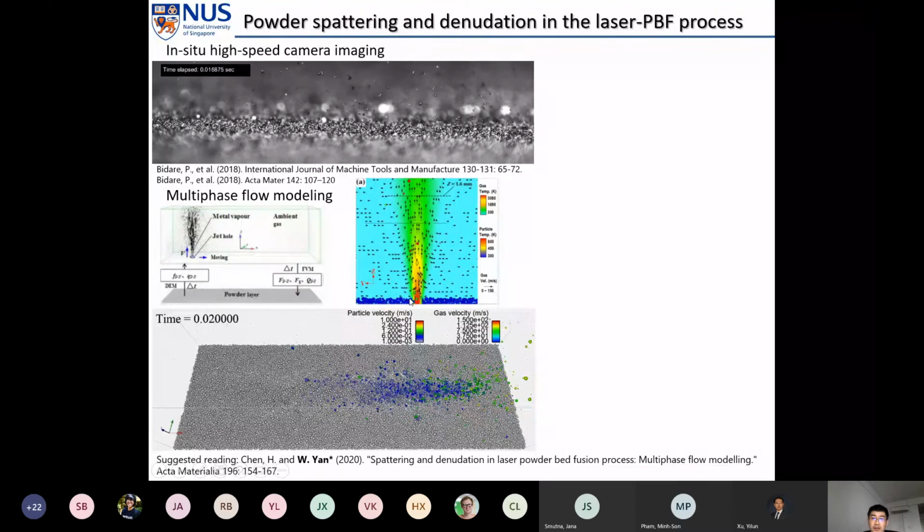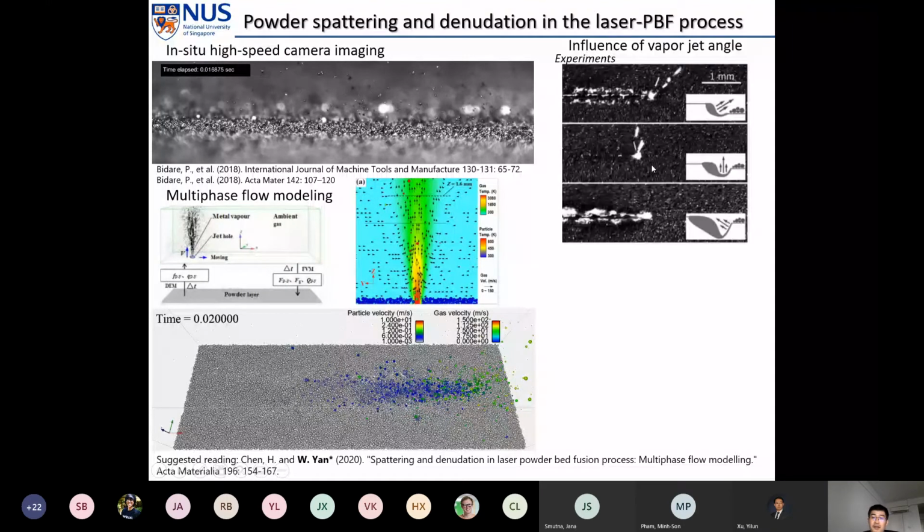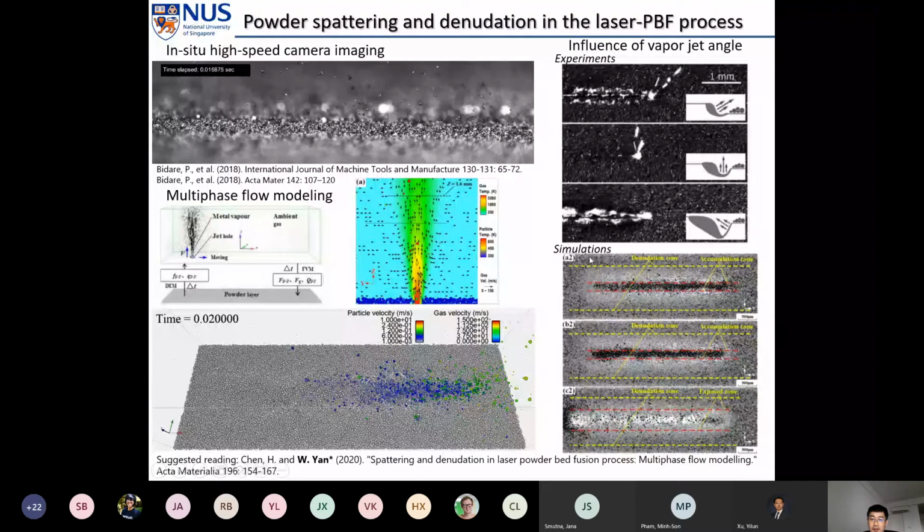So this is denudation. With different sets of laser power and scan speed, the vapor jet angle is different: forward, vertically upward, and backward. We also simulated these different cases, and you can see for the backward case, there is almost no powder remaining here.